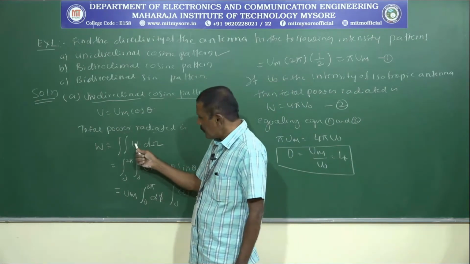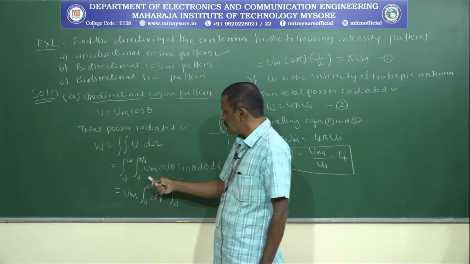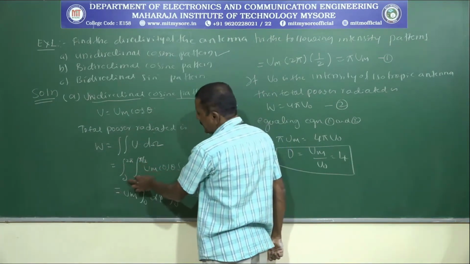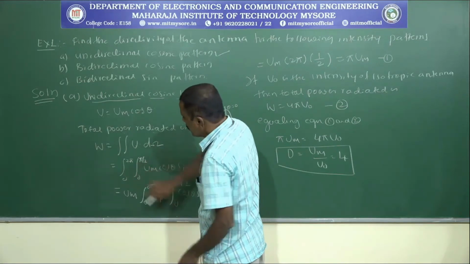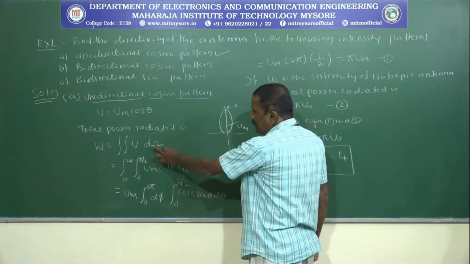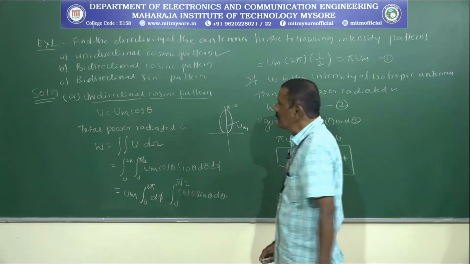Here u is equal to cos theta, and the limits of the integration are 0 to 2 pi and 0 to pi by 2. Then d omega is equal to cos theta sin theta d theta into d phi.